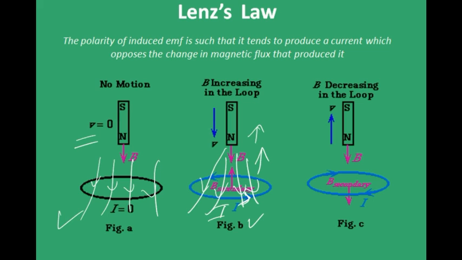Got it? Similarly, here if you take the magnet in this direction, if this is the velocity, here it is given. Now the magnetic flux is decreasing.